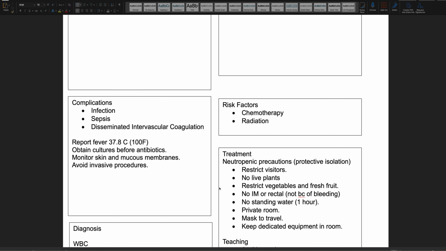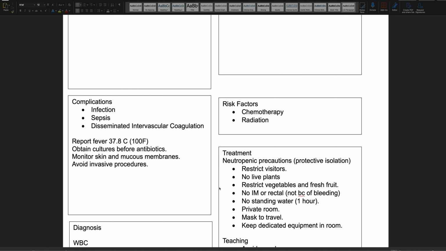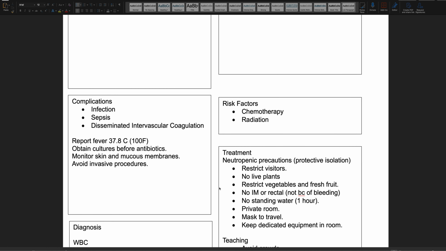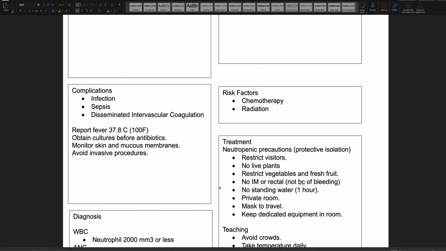You want to prevent any injury to the patient, any further infection. So the patient's going to be placed on neutropenic precautions, which is also called protective isolation. So the patient cannot have live plants in the room, no fresh cut flowers, because of the bacteria that it could bring into the room.